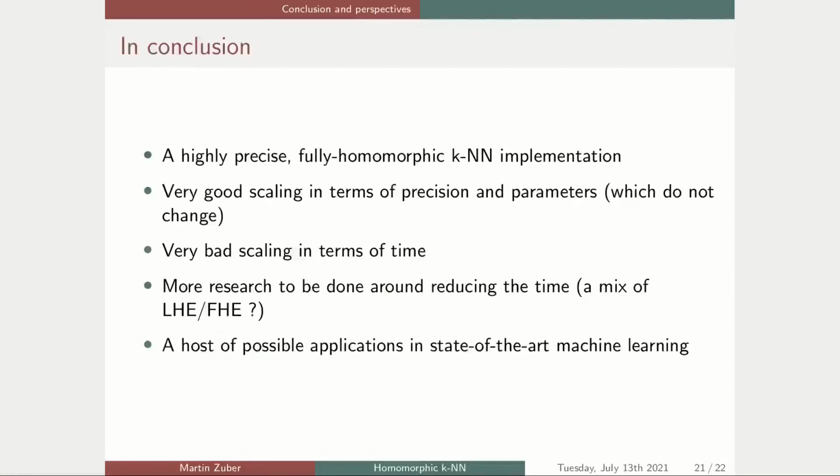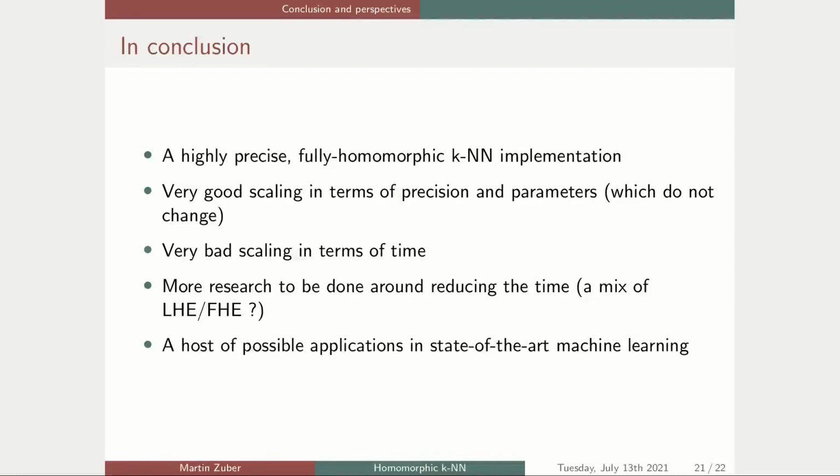In conclusion, we have a highly precise, fully homomorphic KNN implementation, which has a very good scaling in terms of precision and parameters because of its fully homomorphic nature, and bad scaling in terms of time.